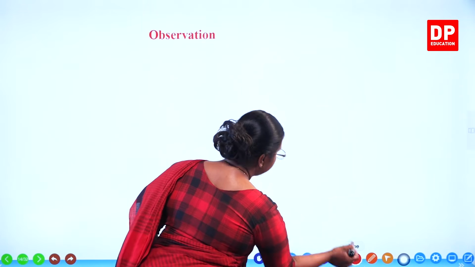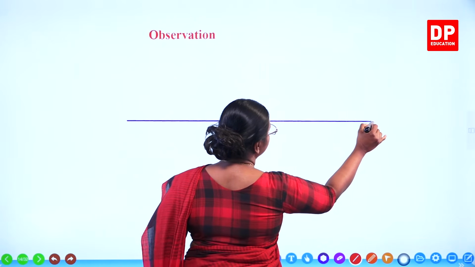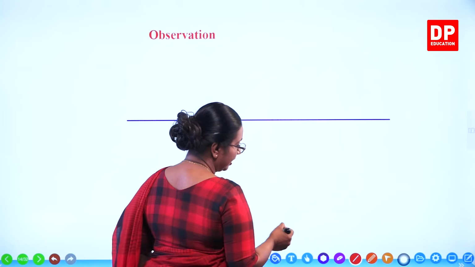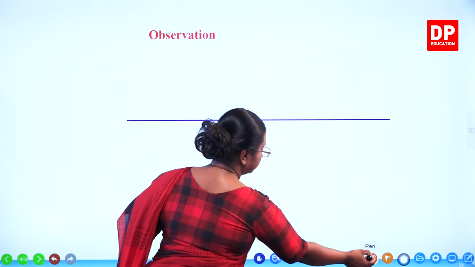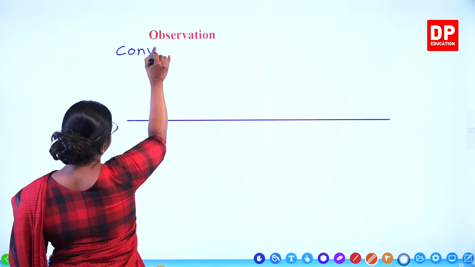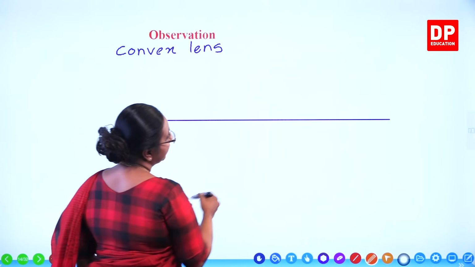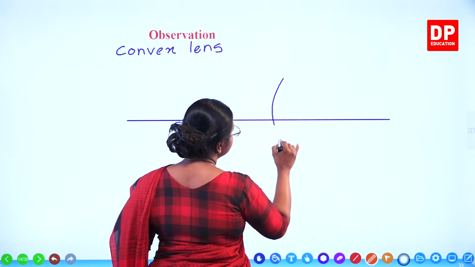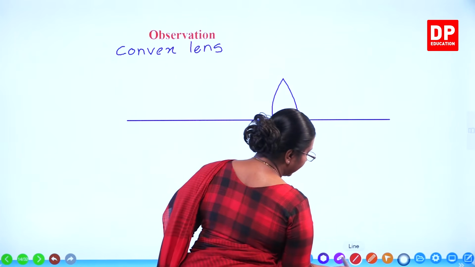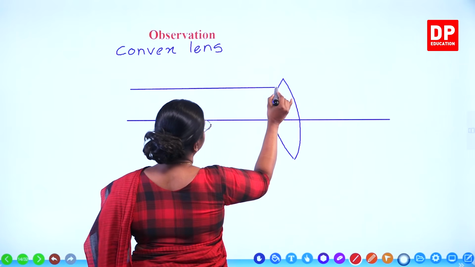So here, if we draw the observation, you were supposed to draw the diagram in your writing book as well. So here, this is by the convex lens. So we need to have the lens here. You can show the convex lens. And then we need to draw parallel beams of light.